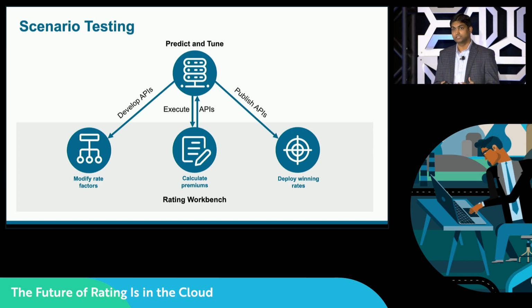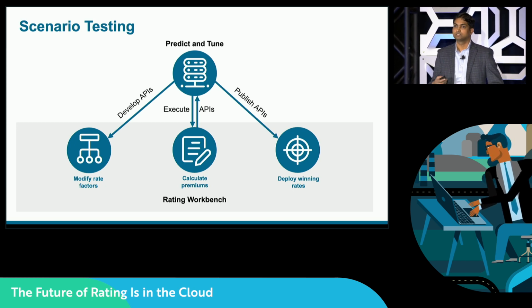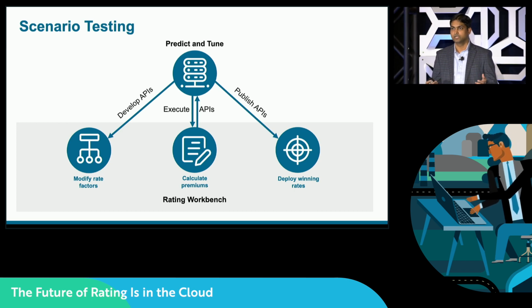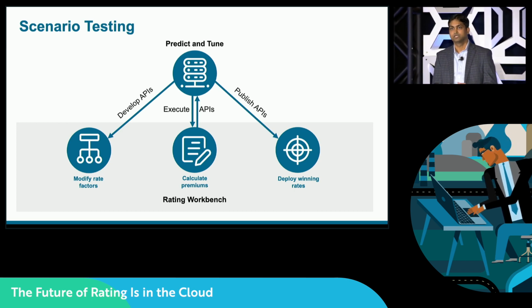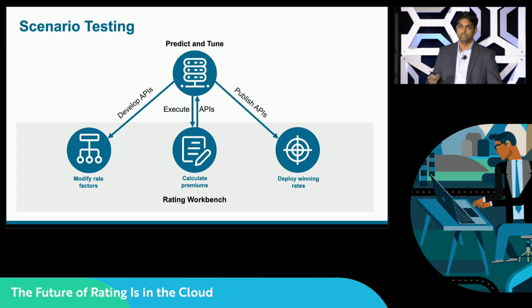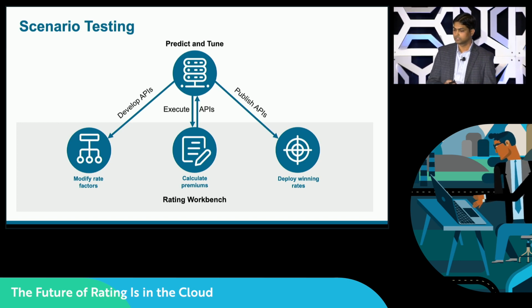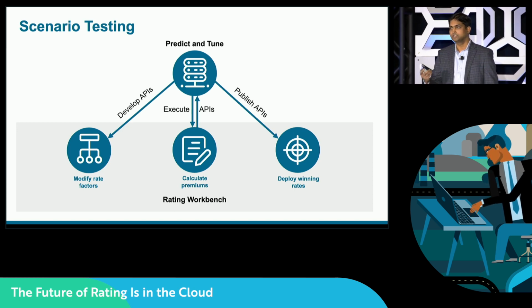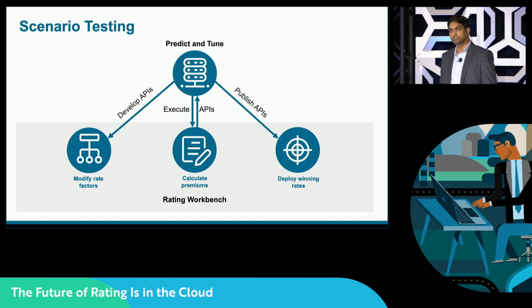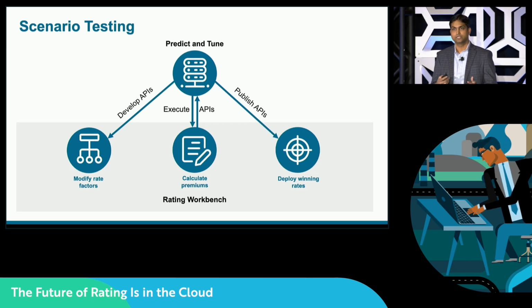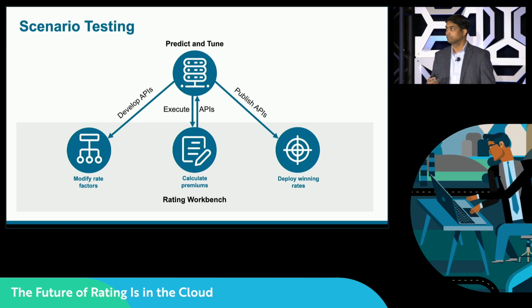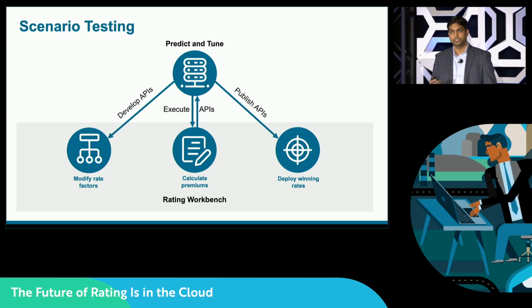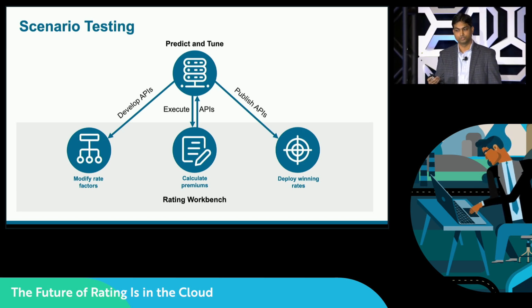Once they have made these changes, they need to test the impact of these rate changes on a particular set of policies, be it their entire book of business or their data set of a particular line of business. They just need to call the execute APIs, and these execute APIs will go into the Rating Workbench, pull in the latest changes that they have made, calculate the rates, and pass the final premiums back to Tune.